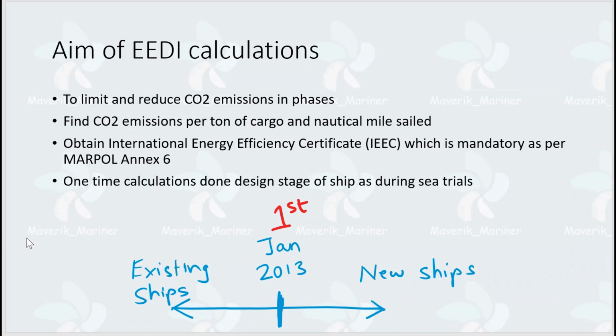As you can see, there is a timeline which is shown over here. This timeline is basically, ships built after 1st January 2013 are new ships, and the ships which are built before January 2013 are existing ships.